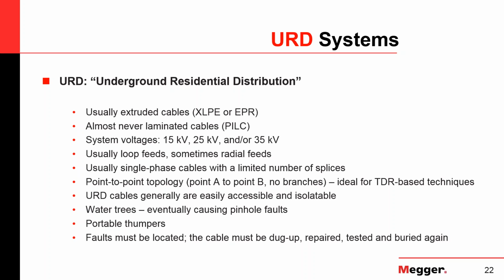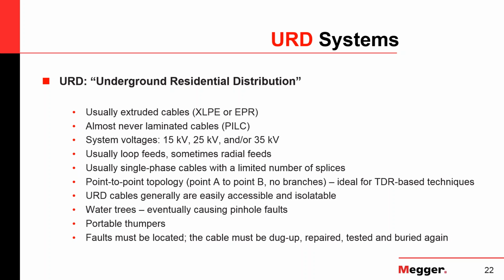URD cables are typically XLPE or EPR, while downtown is mainly PILC. The system voltages that we have in the US here are 15, 25, and 35. The kind of network type that you find in the utility world and in the distribution world here is loop feeds, or sometimes radial feeds.